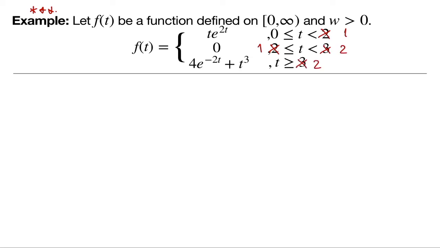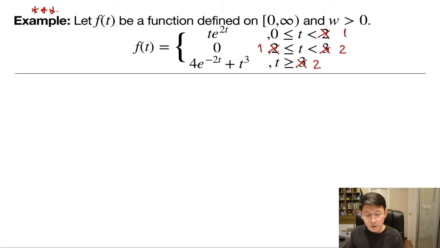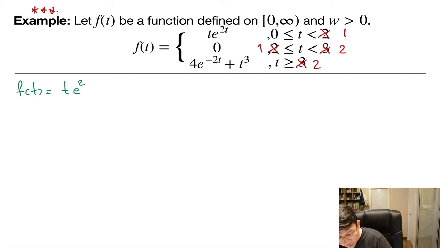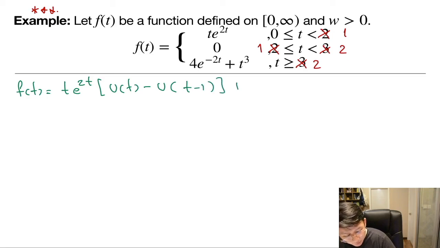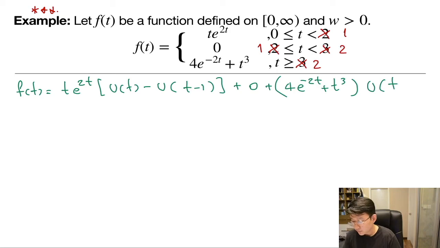And you can try to solve this Laplace transform. Let me start it for you. f(t) can be written as t e to the 2t [u(t) minus u(t - 1)] plus 0 plus 4e to the minus 2t plus t cubed u(t - 2). That is what you should have.